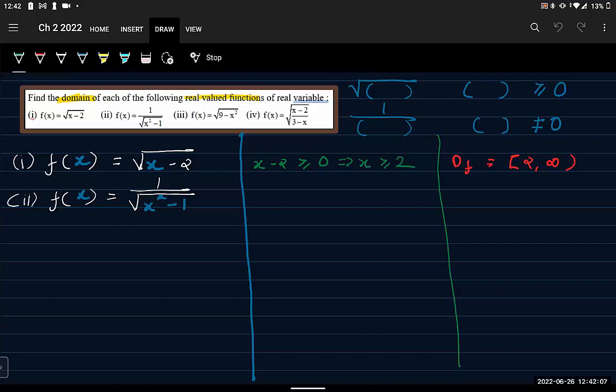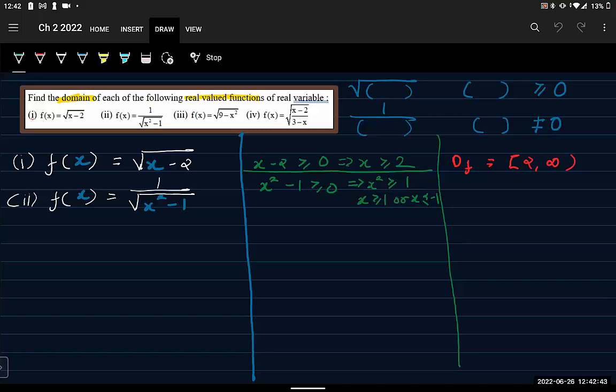First condition is x square minus 1 should be greater than equals to 0, which means x square is greater than equals to 1, which means the value of x square would be greater than equals to 1 when x takes the values either greater than equals to 1 or less than equals to minus 1. If the value of x is less than minus 1, its square would be more than 1. Again, if the value of x is greater than equals to 1, its square would be more than equals to 1.